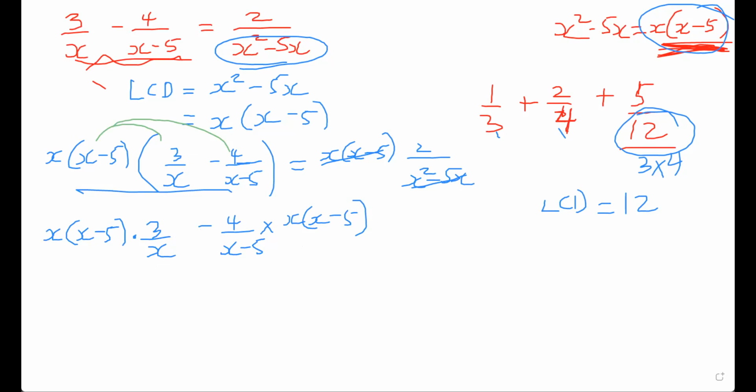So this should be equal to 2. Now x would cancel x, and x minus 5 will cancel x minus 5. So I have 3 times x minus 5 and then negative 4x equals 2.